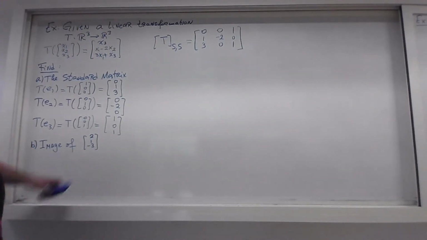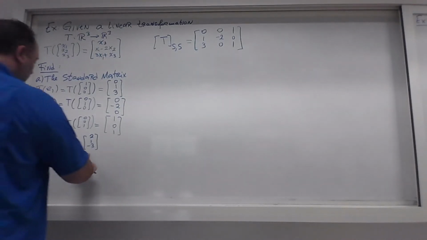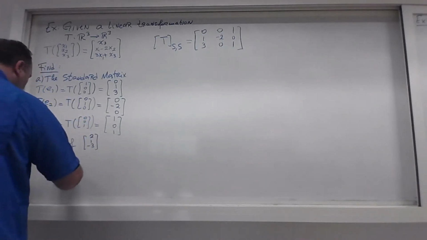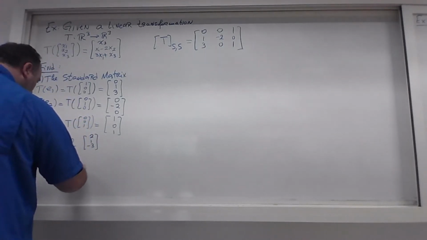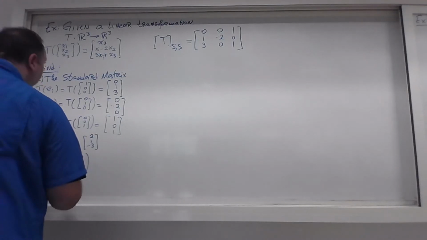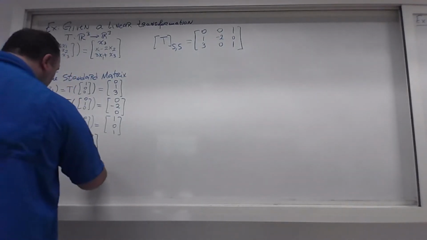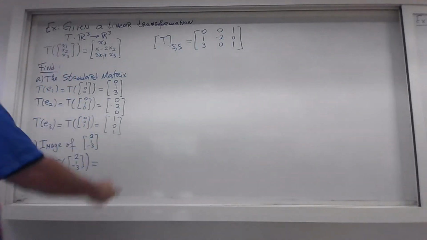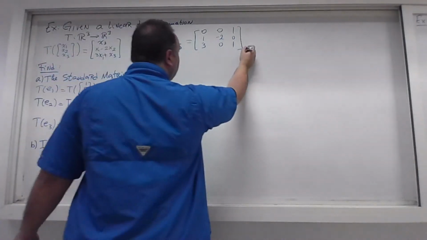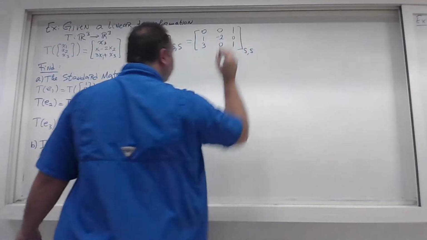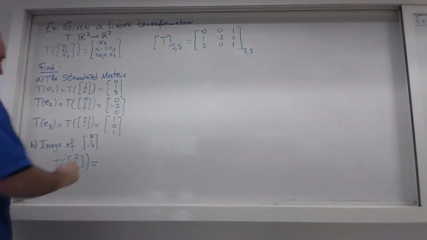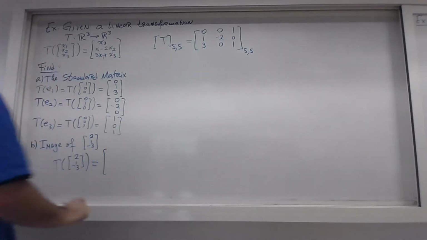So what's the image of this vector? So what is T of 2, 1, -3? Well, we have two ways. Either I plug it in, so that's one way, the other one I just multiply by the standard matrix. So I'll do both just to see what happens.